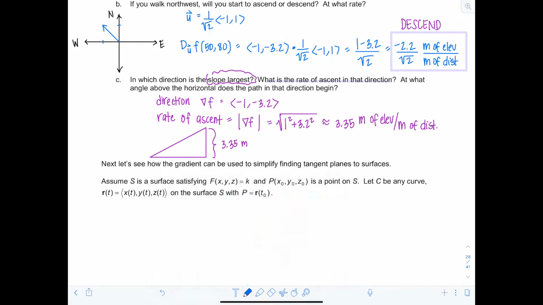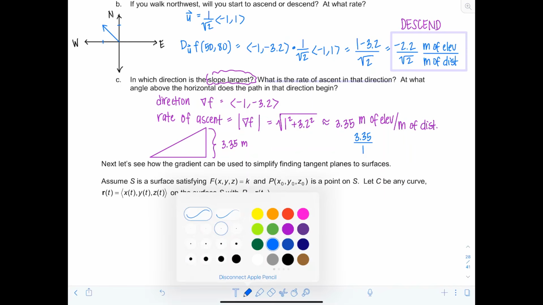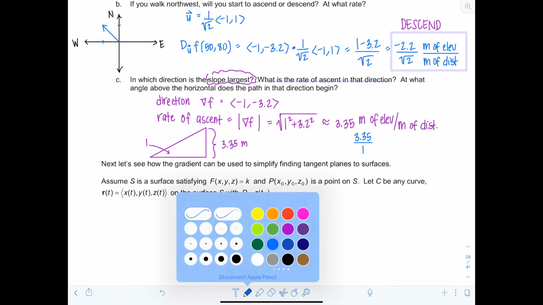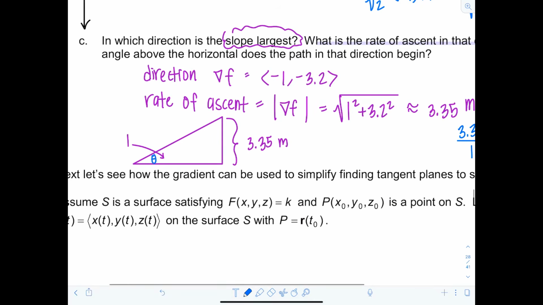You could think of this as 3.35 change in z over 1 meter change in the xy plane. So this side's 1, this side here is 3.35. This side down here is 1, and then they want that angle theta that's right in there. Okay, so tangent of theta is equal to 3.35 over 1. So theta is approximately 73.4 degrees.